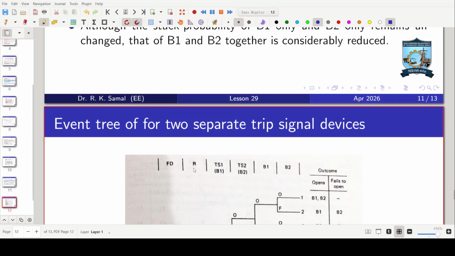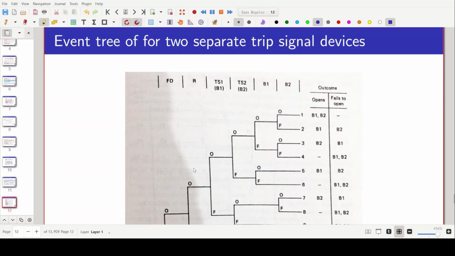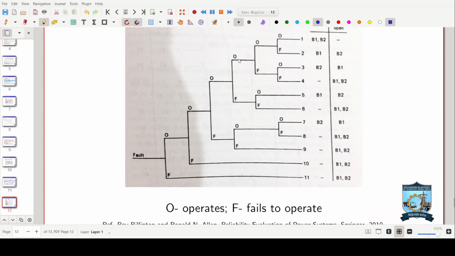Okay. So this is the event tree for that, where we have got two different trip signals, as you see here. So we have got two different trip signals for each of the breakers, and we construct the event tree. What do we have to obtain from the event tree?